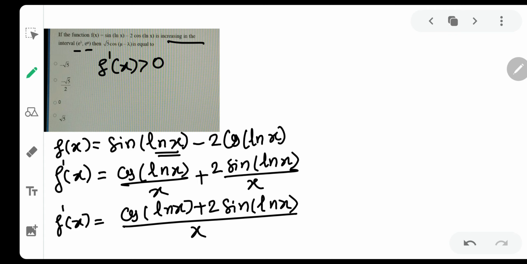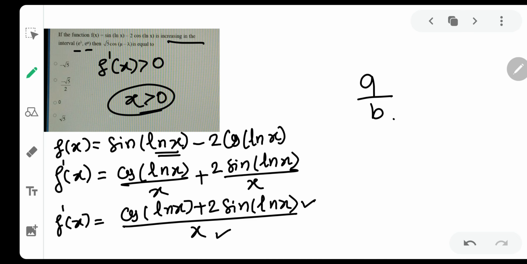Now over here, f'(x) has a numerator and a denominator. It means it is in the form of a by b. But from the previous consideration, we had x greater than 0 and x is the denominator. It means b is greater than 0. So the division of two quantities has to be greater than 0. It means the denominator is positive and the final answer is also positive, so a has to be greater than 0.